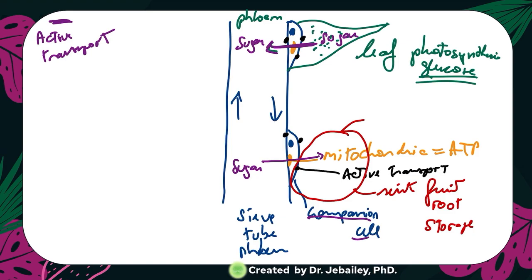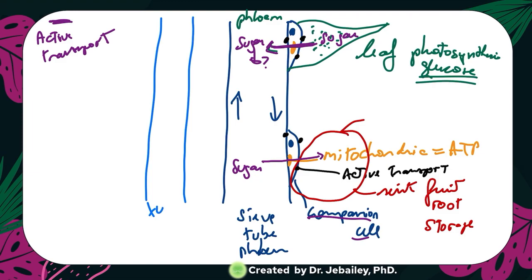But the question is, how does the sugar go down there? That's the question. How? That's where we have the xylem right next to the phloem with a job. So the xylem here, if you remember, is just the upward movement of water, right? Xylem just pushes the water up. But if you remember from topic 2, if you have a high concentration of water here, and here in the phloem, you have a high concentration of sugar, right?